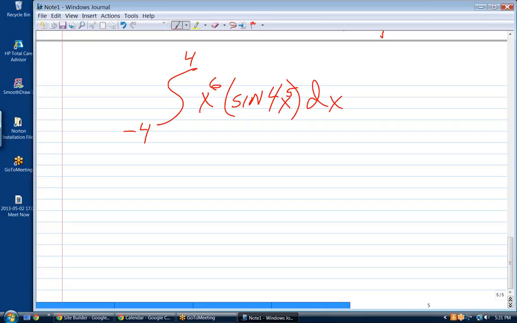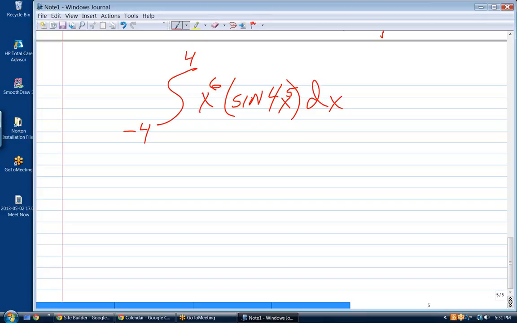What they had us do was say f of x equals that function, x to the sixth sine of 4x to the fifth. And then after that they had us do f of negative x equals negative x to the sixth sine of negative 4x to the fifth.